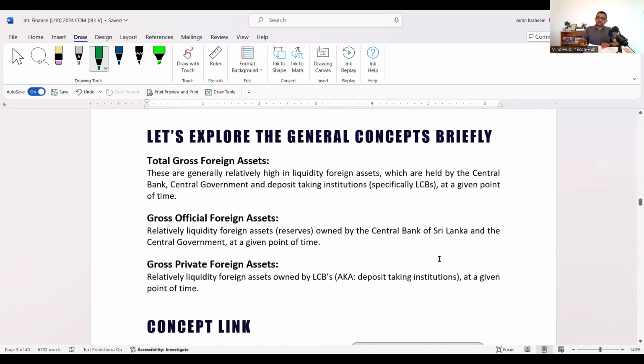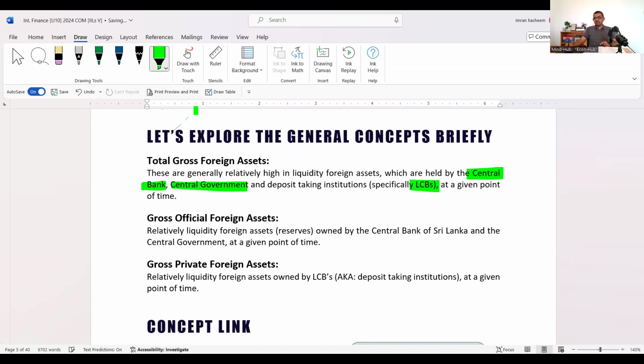First, total gross foreign assets. Who are the holders of these foreign assets? Gross meaning including liabilities, before minusing liabilities, right? Who holds them? Central bank, central government, and deposit-taking institutions, in the central bank's way of saying it, simply LCBs.